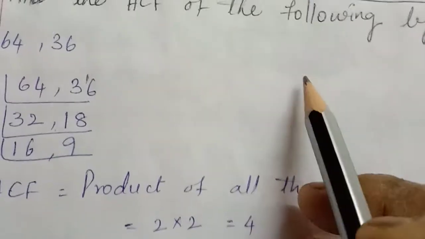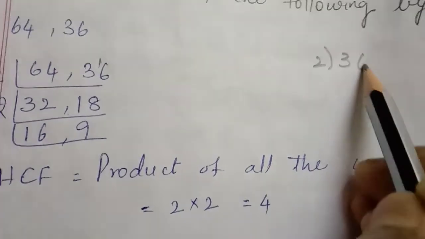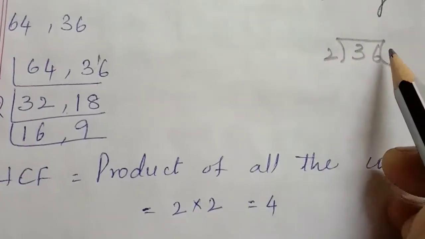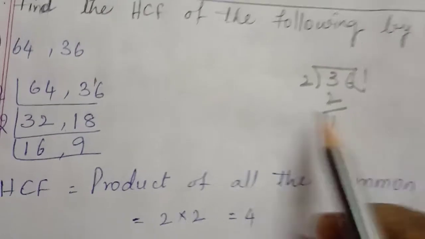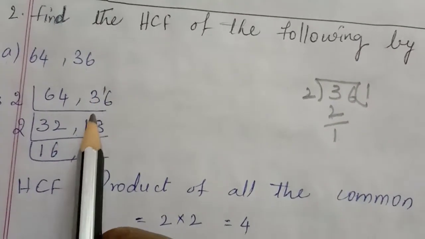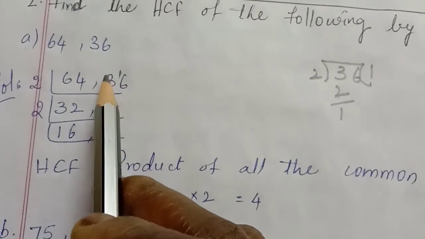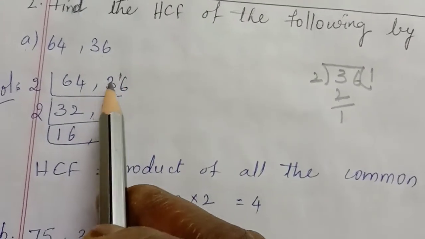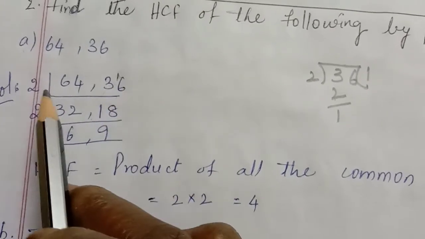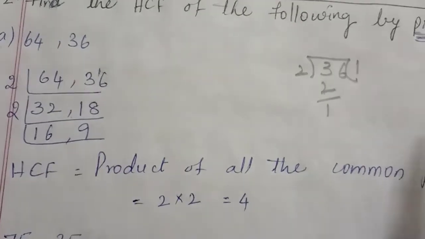I want to show by real division. 2 1s are 2, 1 remainder. This 1 remainder I am writing here. Children, see here. 2 1s are 2, means 3 minus 2 is 1. Now it has become 16. 2 8s is 16. Okay. See here.